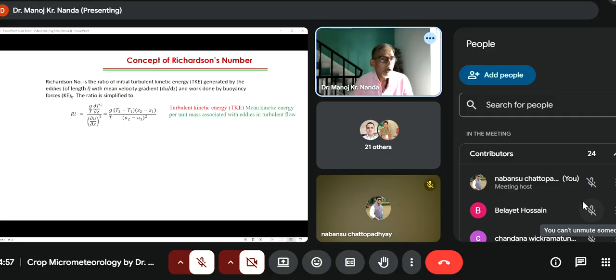This upper part is actually buoyancy, the lower part is the turbulence. Why is it buoyancy? Because temperature T is involved. Temperature is causing this buoyancy force. Now, if you integrate it, the relation becomes simple. g means gravity divided by the average temperature of the layer, then temperature at height 2 minus temperature at height 1.